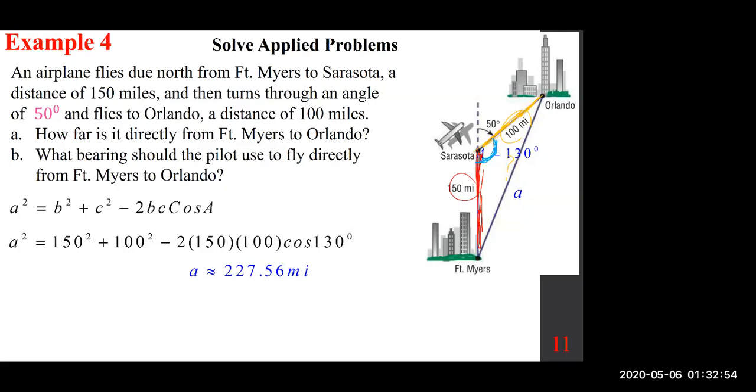Now, that takes care of the first one. Then it says, what bearing do we use to go directly to Orlando? Okay, we can see the bearing is north, some angle, we don't know yet, and it's to the right of north. That means east. Do you agree?